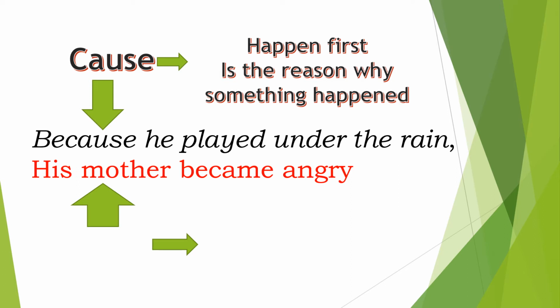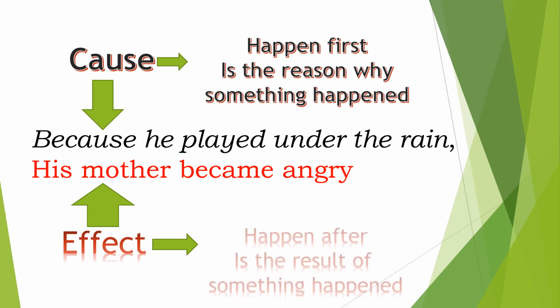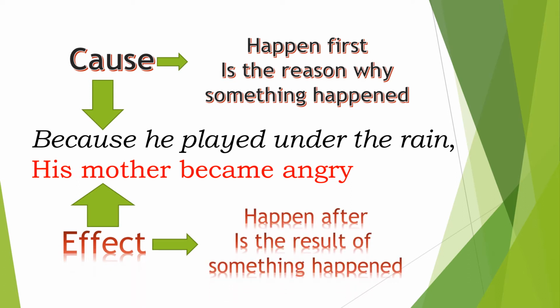The second scenario is his mother became angry, and that is the effect. Why? Because it happened after and is the result of something that happened. So this sentence is a complex sentence and it shows cause and effect relationship.